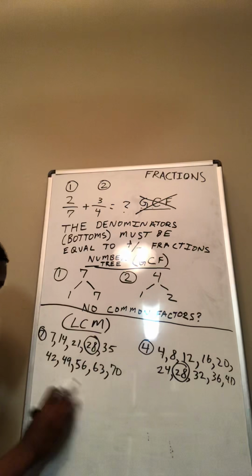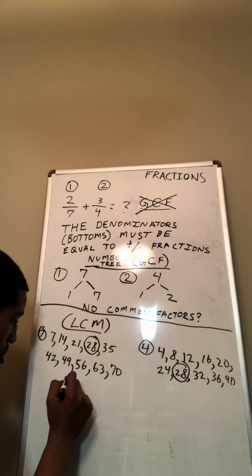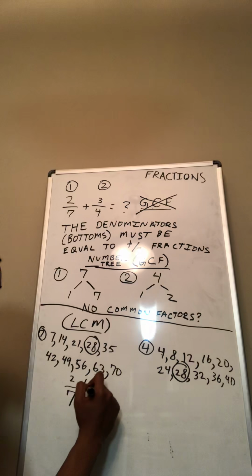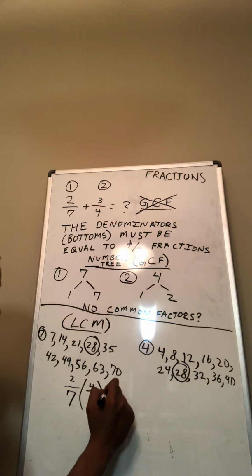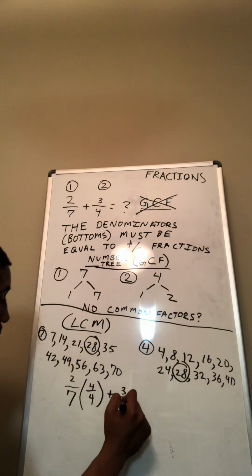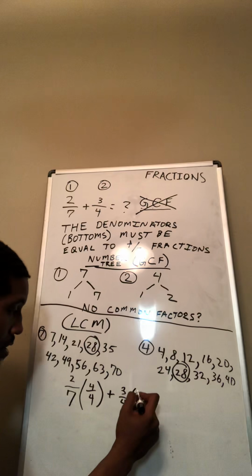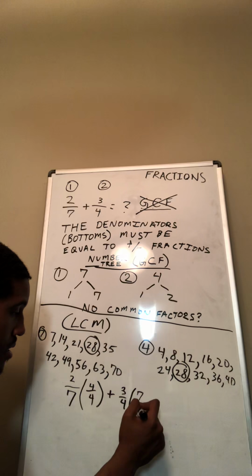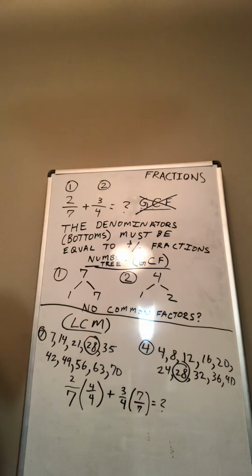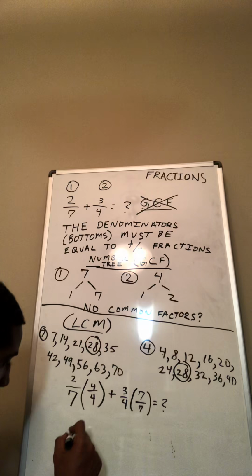I apologize. 2 over 7 times 4 over 4, plus 3 over 4 times the multiple that it took to get to 28, which is 7 sevenths. So from this step, now we've solved for a common denominator of 28.